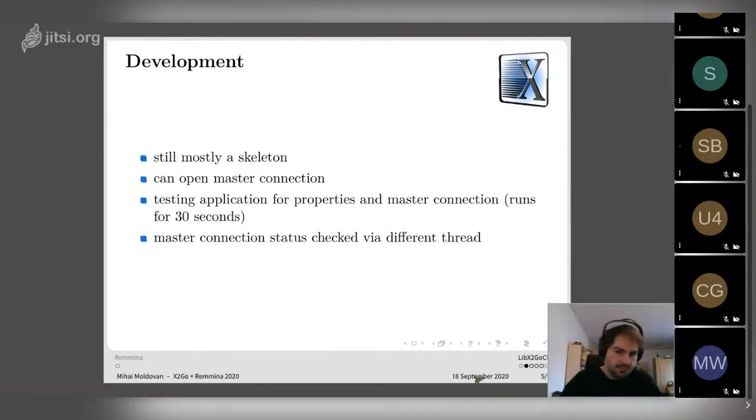So far, we can open up a master connection, which is periodically checked. I've written small testing applications that use the library internally to open just one connection and wait for 30 seconds in order to close it again. And we also have a check that makes sure that the master connection stays alive.